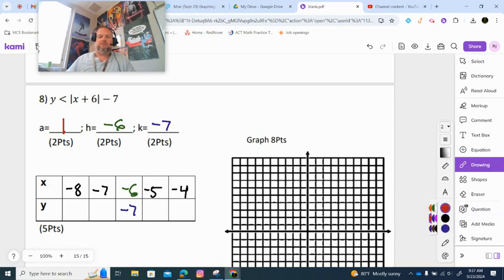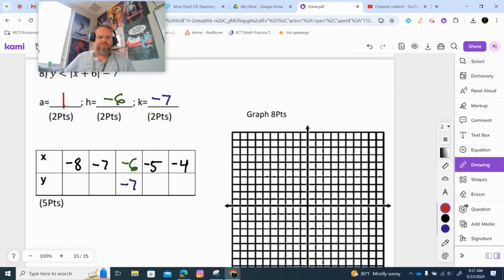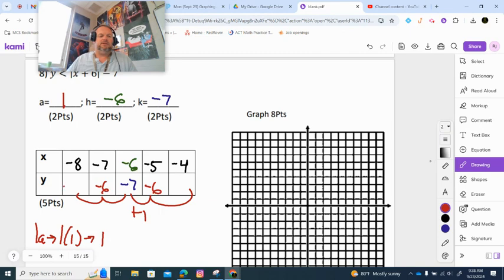All right. So this is 1A, which is 1 times 1, which is 1. So we're adding 1 each time. -6, -5. All right.